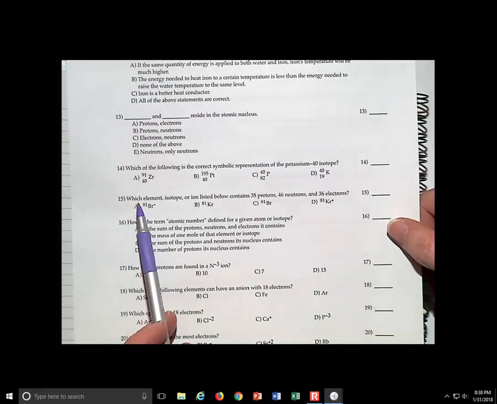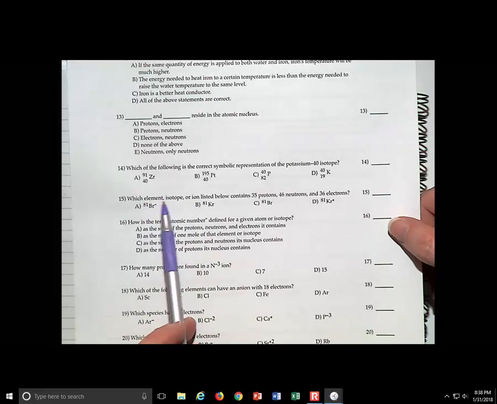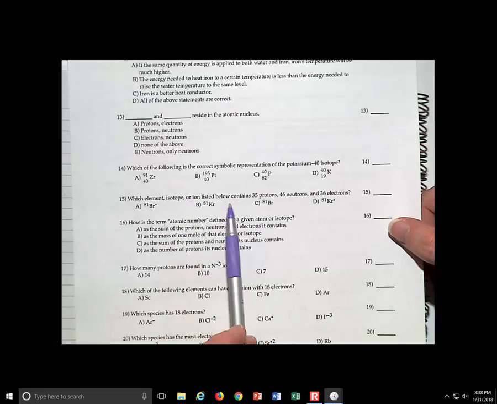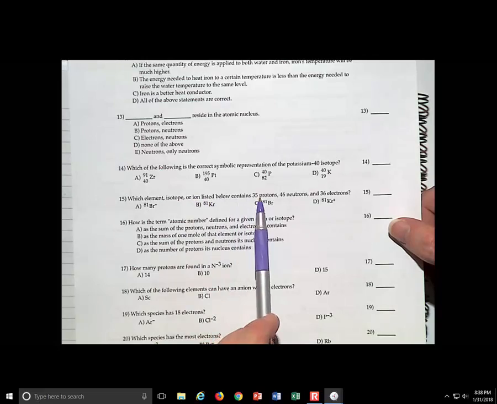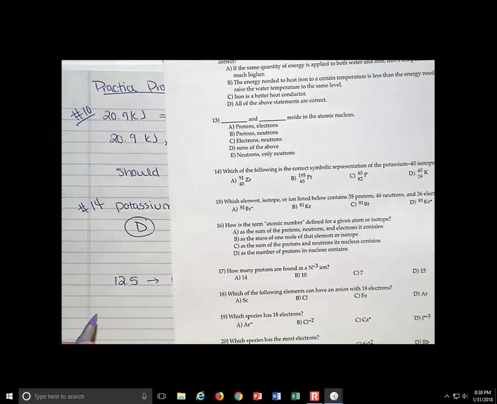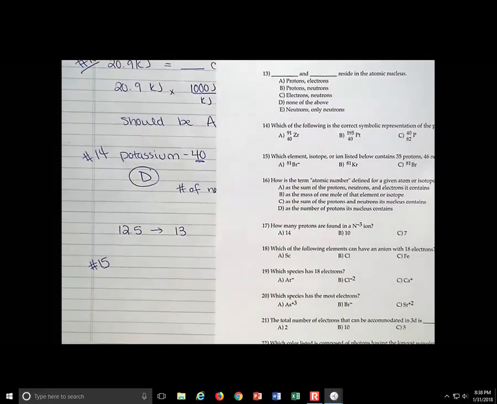Perfect. So which element, isotope, or ion? So element is just a neutral atom. Isotope is going to be one that contains a different number of neutrons, or ion. Listed below contains 35 protons, 46 neutrons, and 36 electrons. I'm going to give you more information than you need, but that way I'm being comprehensive.